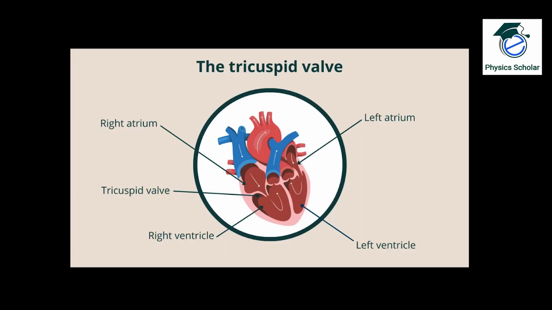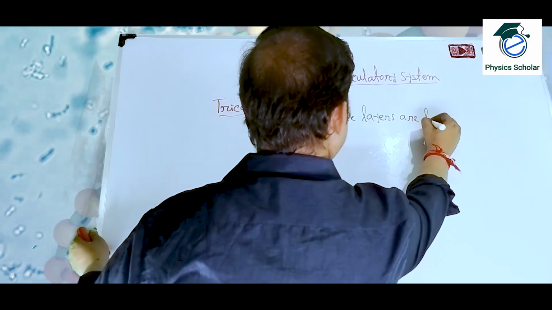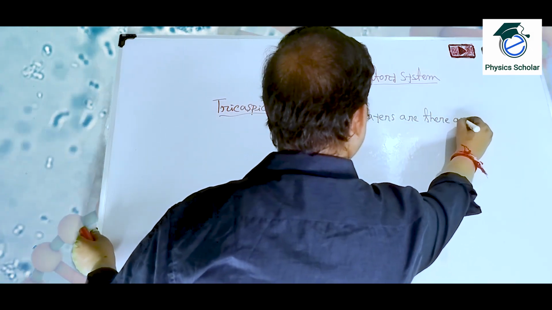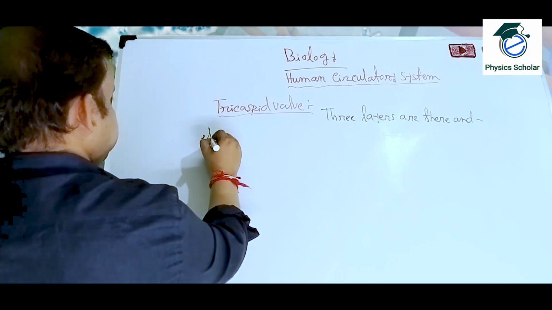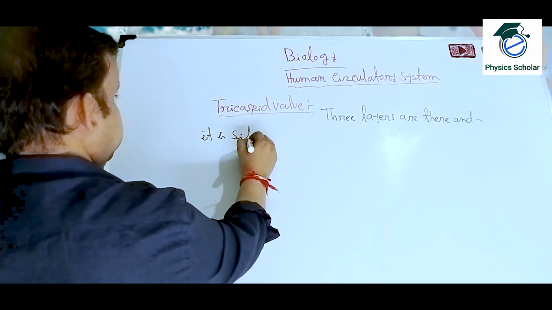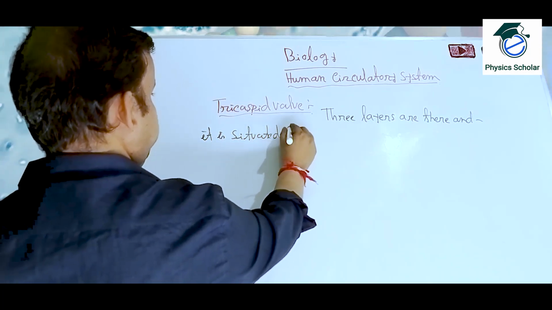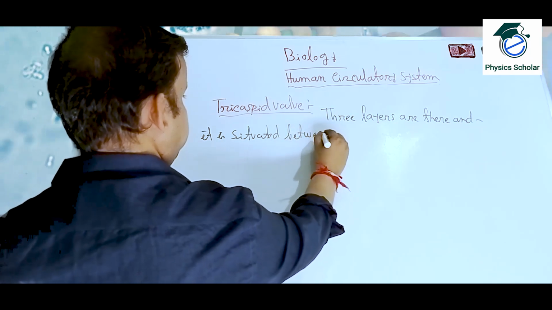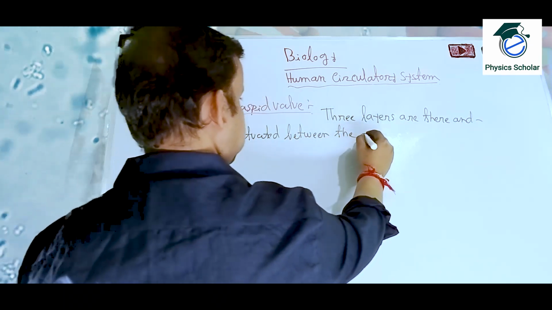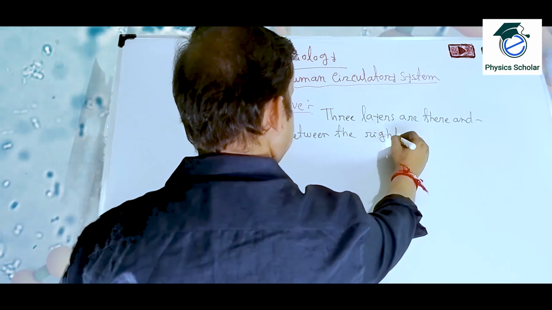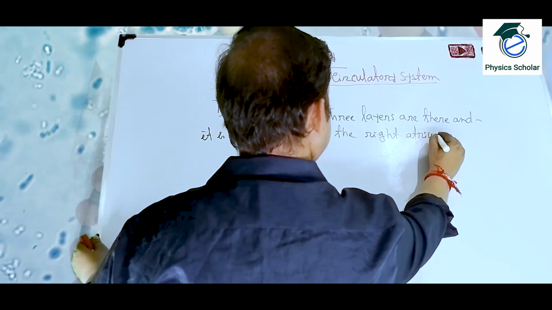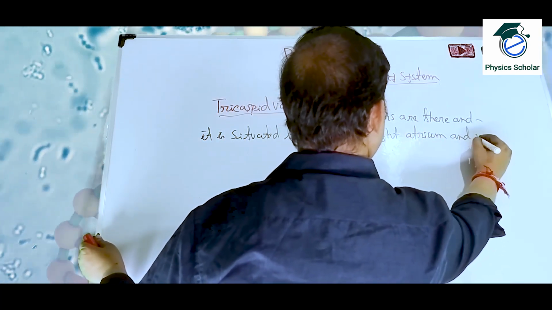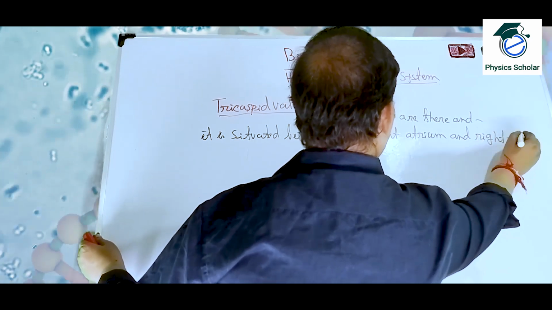Tri means three, so three layers are there, and it is situated between the right atrium and right ventricle.